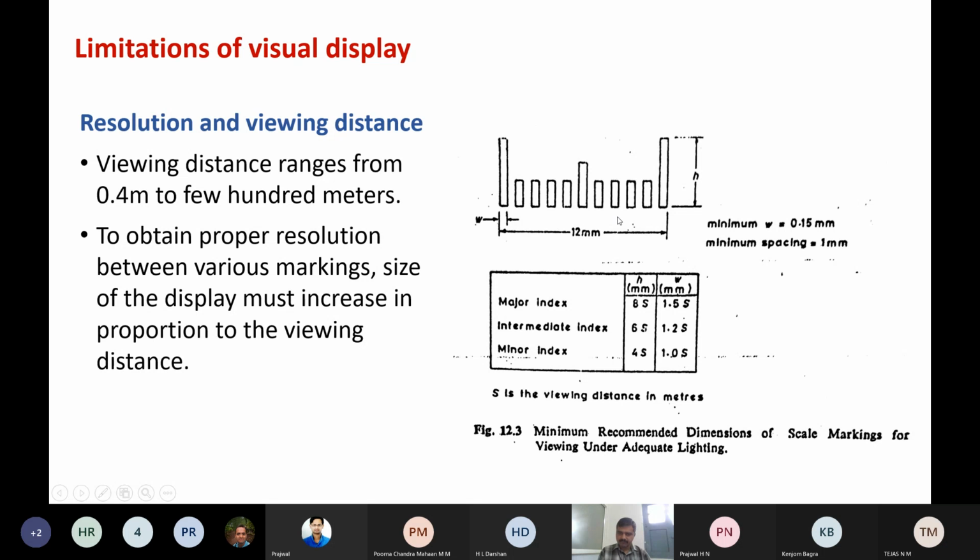There are some studies and references for choosing the size of the display, or the size of a symbol or a letter. This is one such example: minimum recommended dimension of scale markings for viewing under adequate lighting. So S is the viewing distance.